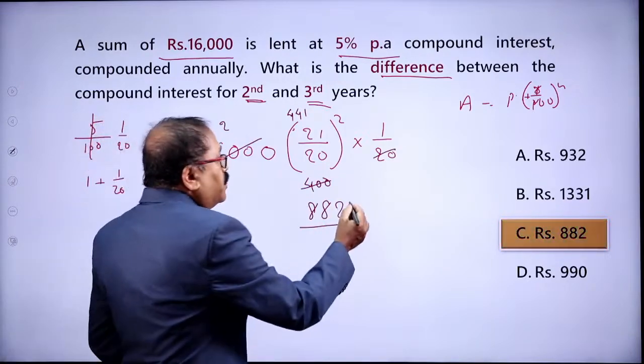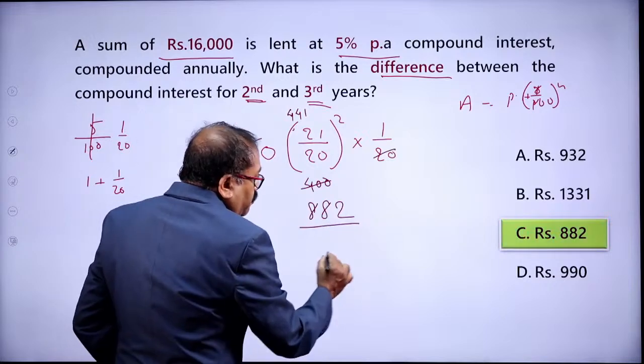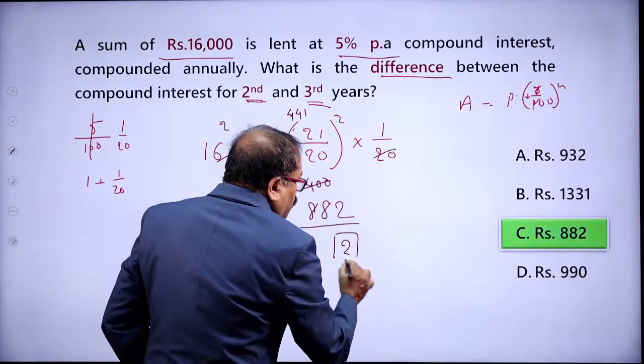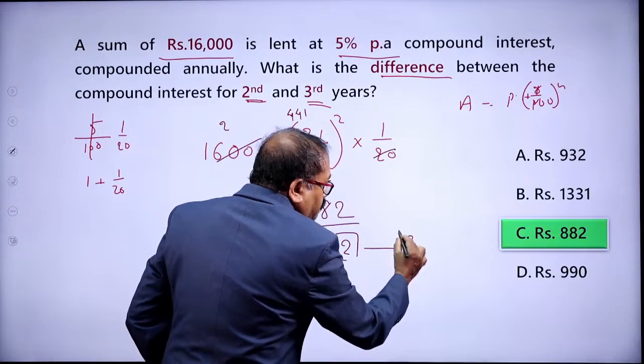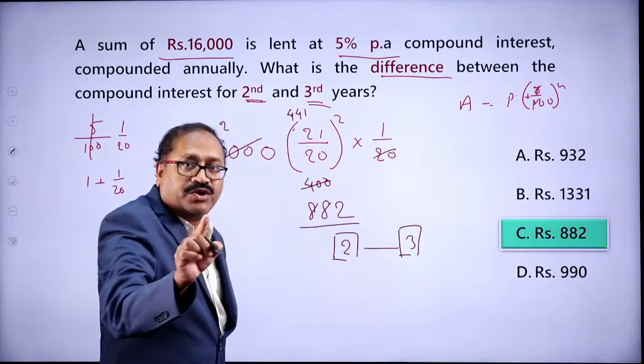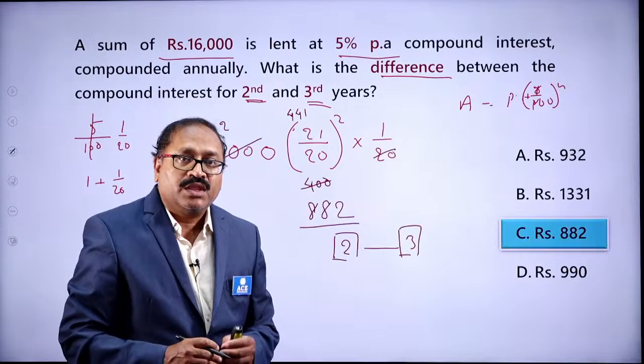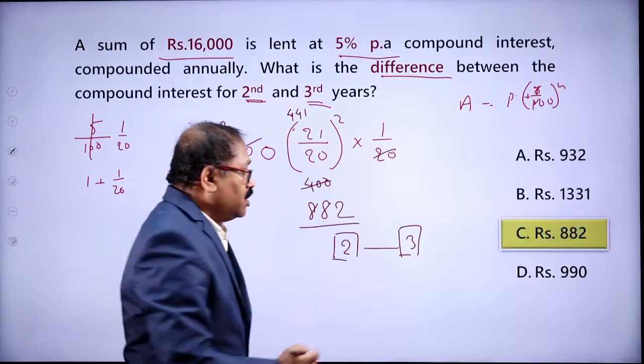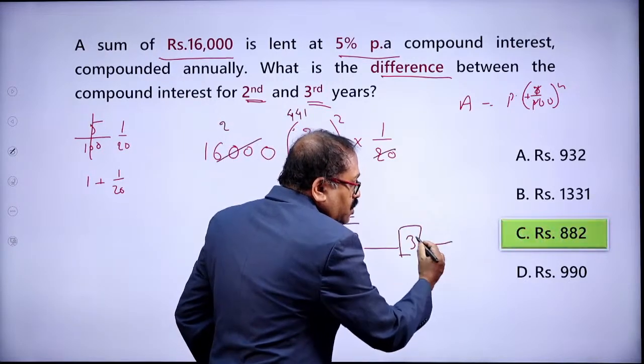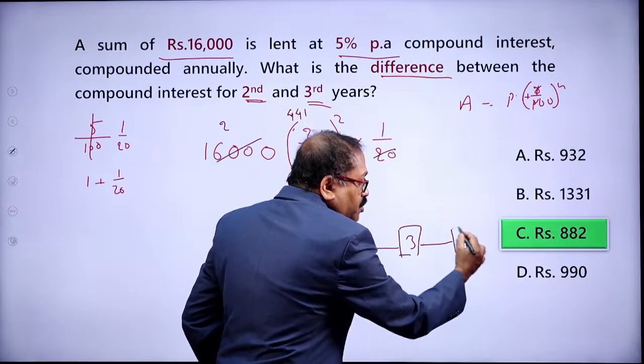Now here we have worked out the difference from second year to third year, the compound interest difference. What if in the exam they ask for the compound interest difference between the third year and the fourth year?